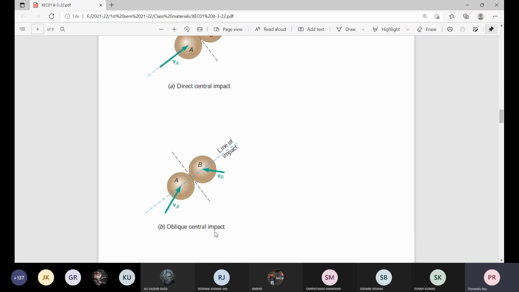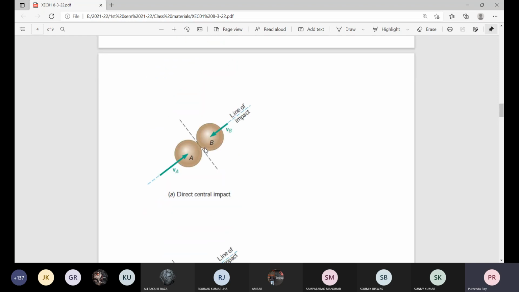Now whatever may be the situation, the impulse and momentum are to be considered particularly at this location. For a very small span of time they collide and then they get separated.